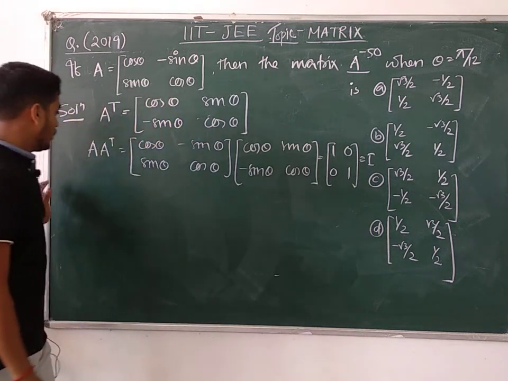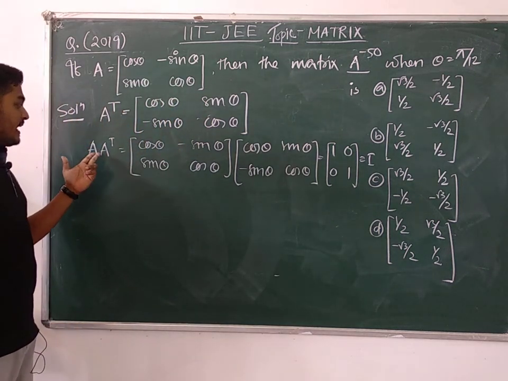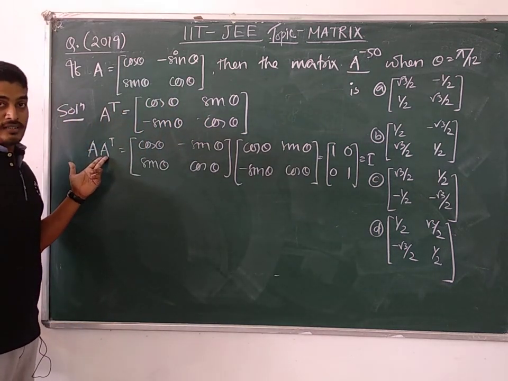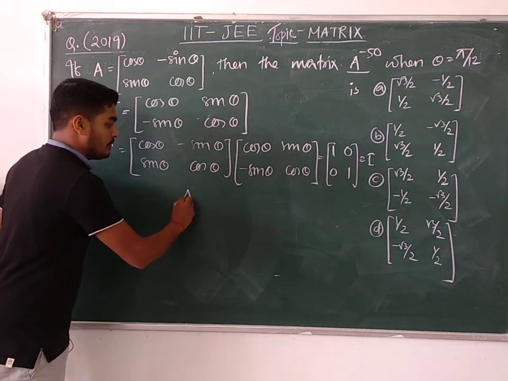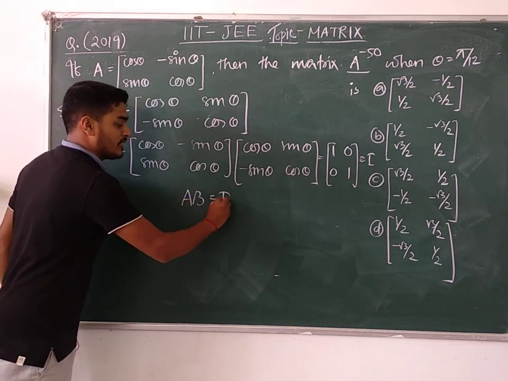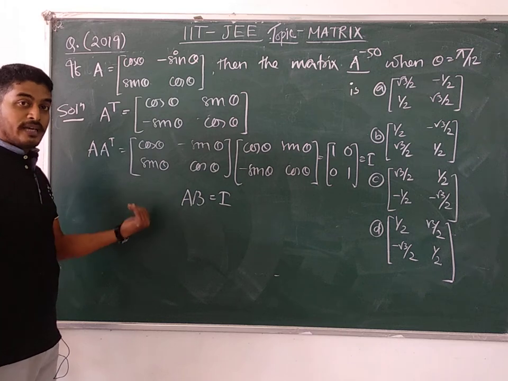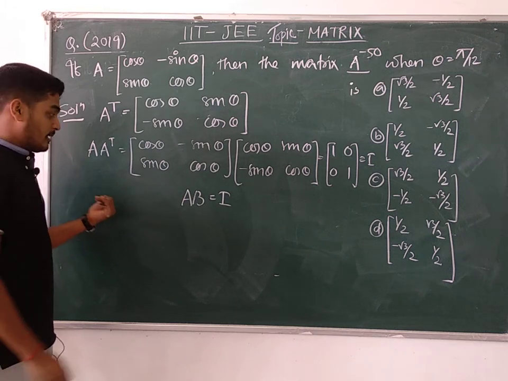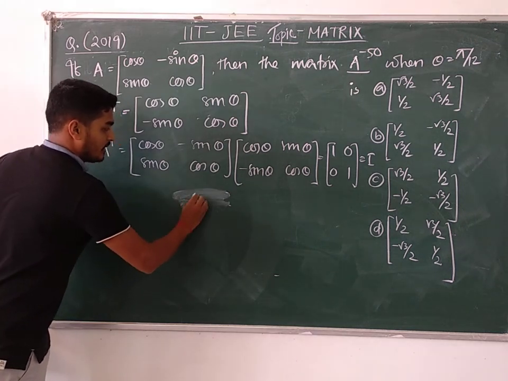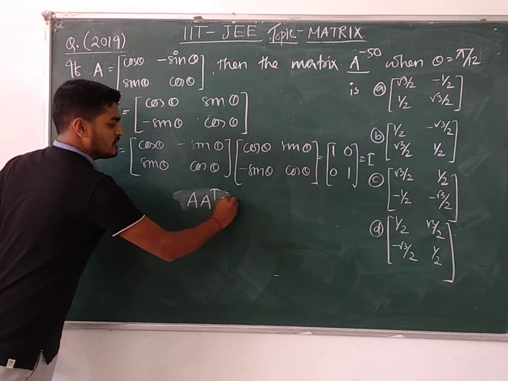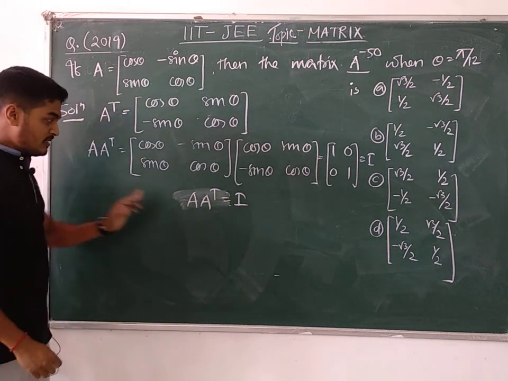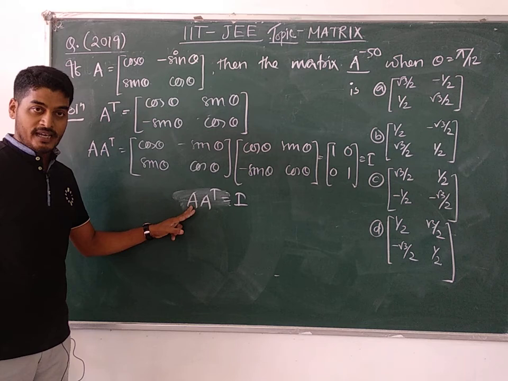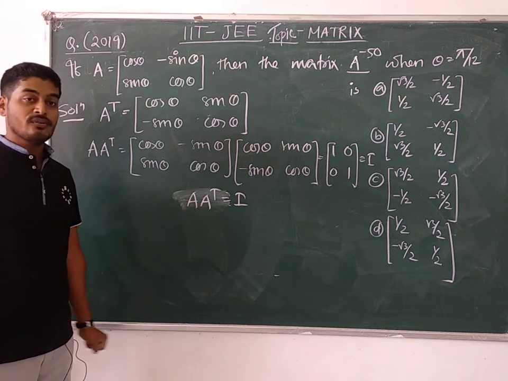That means what we have got, the multiplication of the matrix A and its transpose is equal to the identity matrix. Already I have told that if the product of two matrices is equal to the identity matrix, then one of them is known as the inverse of the other. That means here what we have got, A into A transpose is equal to identity. That means A transpose is the inverse of A as well as A is the inverse of A transpose.